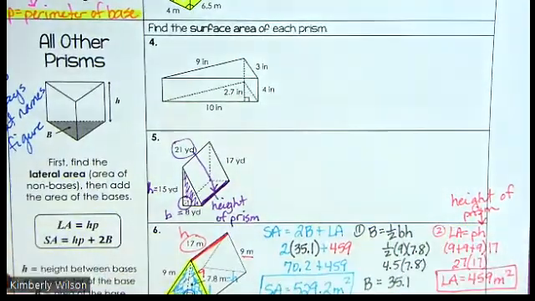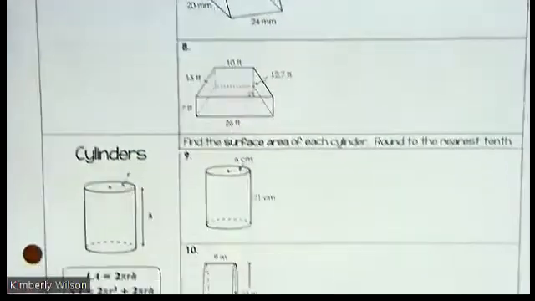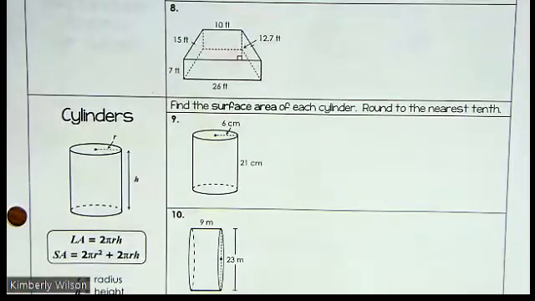All right, let's look at another example. Looking at number 8, okay? This is a trapezoidal prism because the base shape is a trapezoid. So here we go.